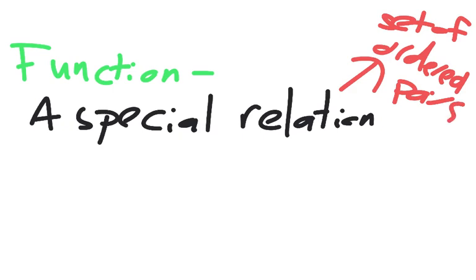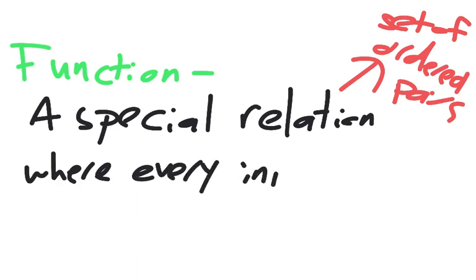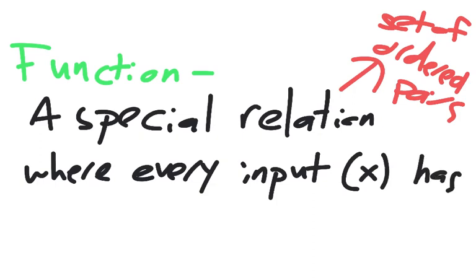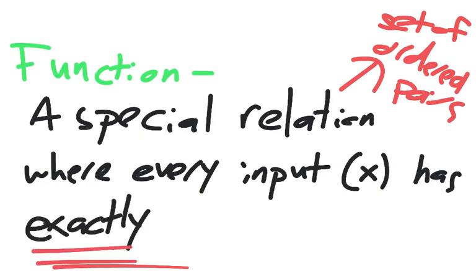Where every input, which variable is our input variable? X. Every input, every X, has exactly one output.